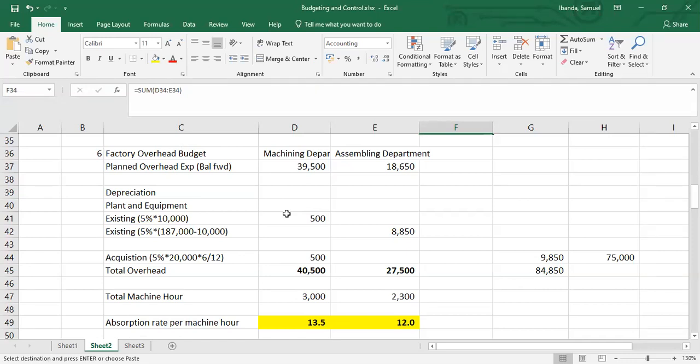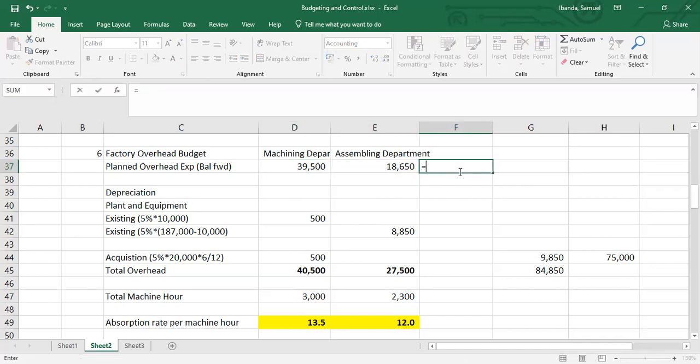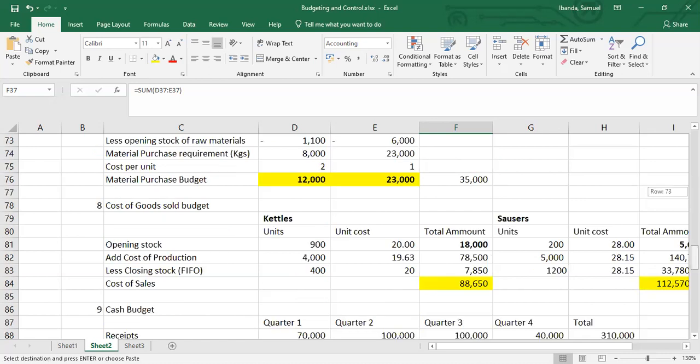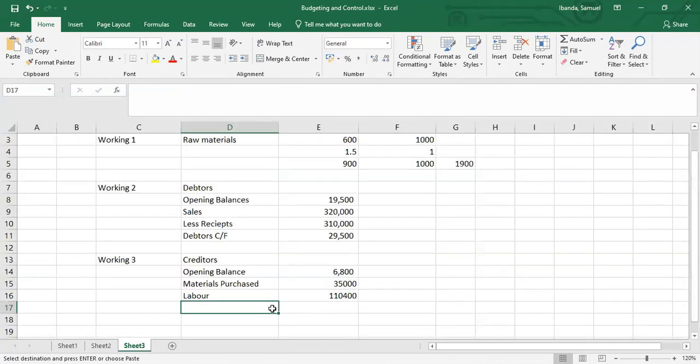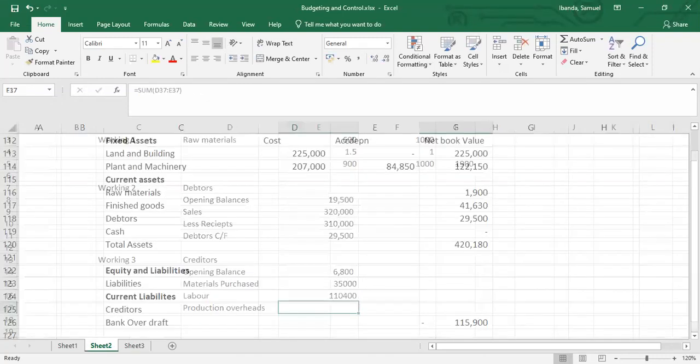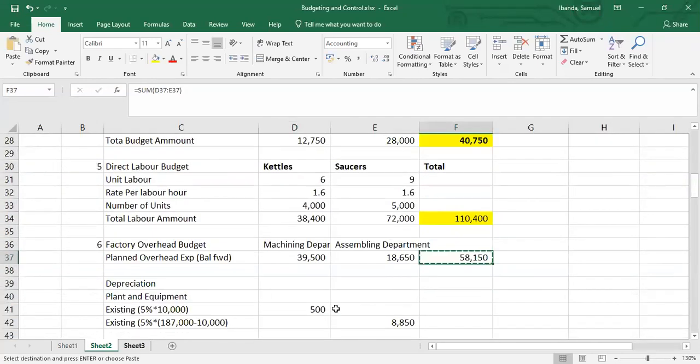So I'm only going to take the factory overheads before depreciation, whose total, let me just get the total of this. This has actually even been given in the question, under Roman numeral 6. So I'm going to consider the production overheads before depreciation: $58,150.